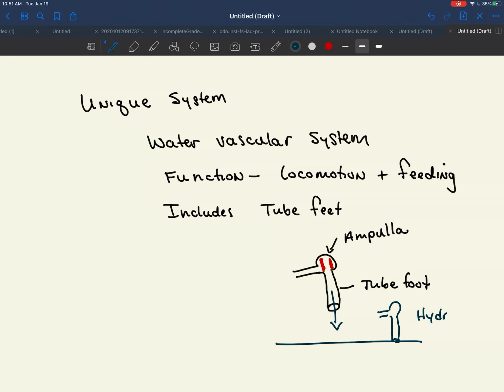So this is hydraulic pressure. It does not consist of sustained muscle contraction. So it doesn't require as much energy as if they were actually using muscles to stay stuck to a rock. Okay. So a sea star can move across the surface.